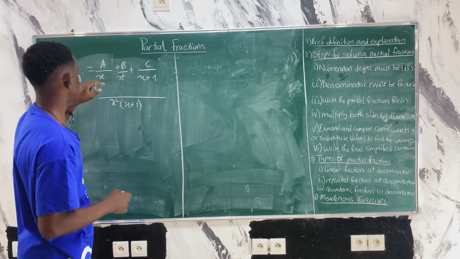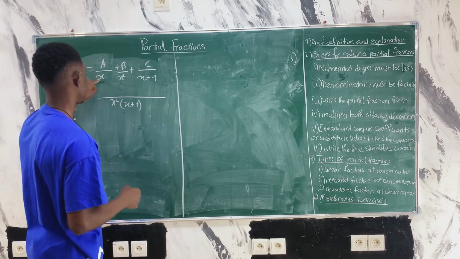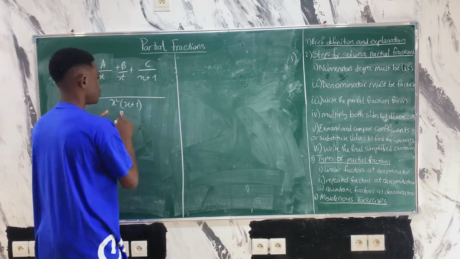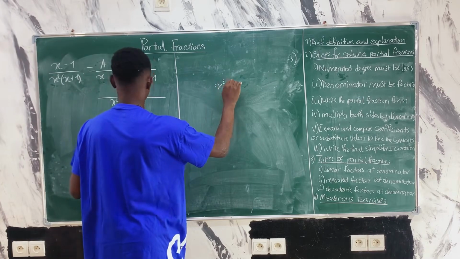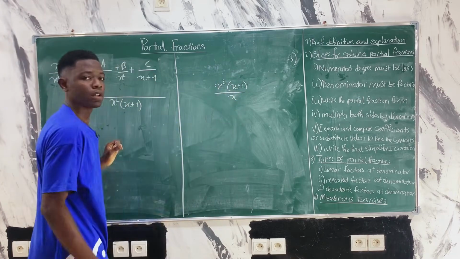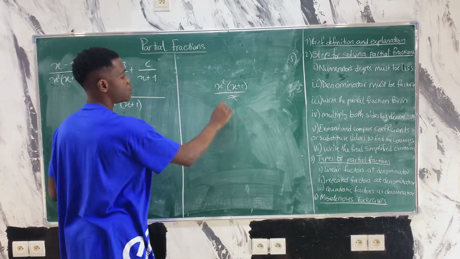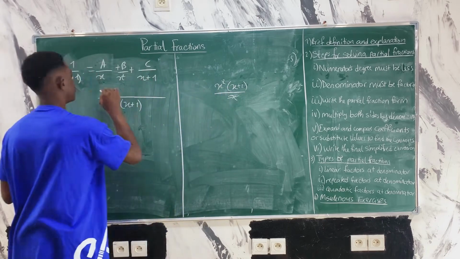So to find the first value here, I do this divided by x times a. So this divided by x is x squared into x plus 1 divided by x. This one will cancel, and the square will go. So I will be left with x into x plus 1.